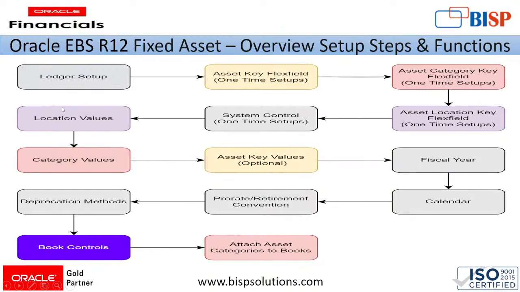So how granular you want to locate your asset depends upon the organization, how much they want. That is the requirement of the business, how granular a level they want to go. And the asset category, you can see a category has major and minor categories, and you can create a sub minor, right?